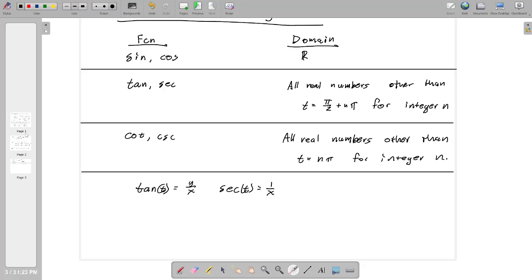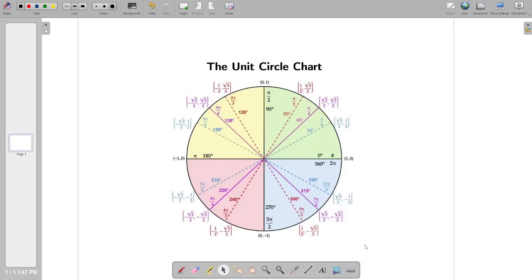So if we go to the unit circle, since tangent is y over x and secant is 1 over x, what we need to do is look for where the x value is equal to 0, because those t values, those radian measures, are not going to be in the domain for tangent and secant. We start here, we see that we have an x value of 1. As we rotate around, we have x values that are non-zero, and then we reach pi over 2. At pi over 2, we have an x value of 0.